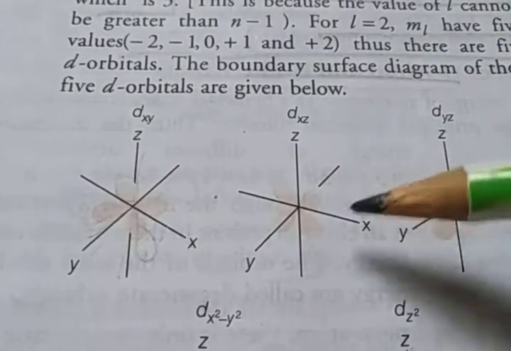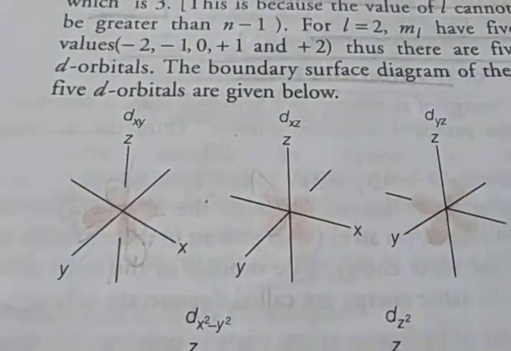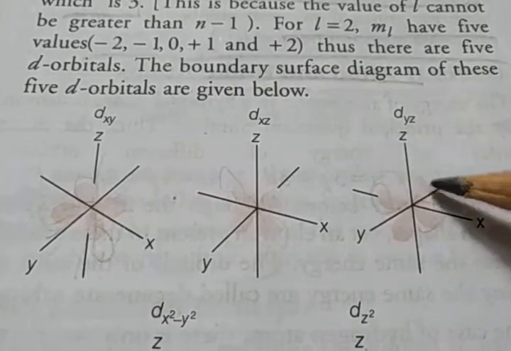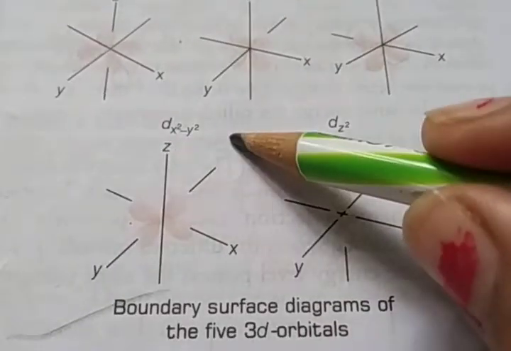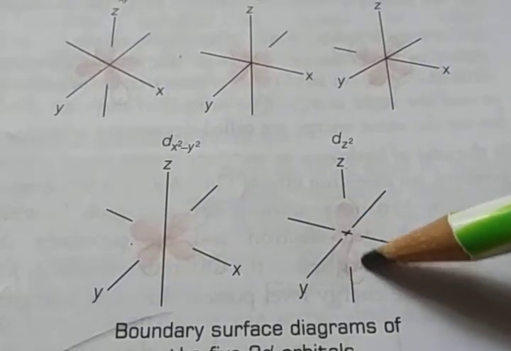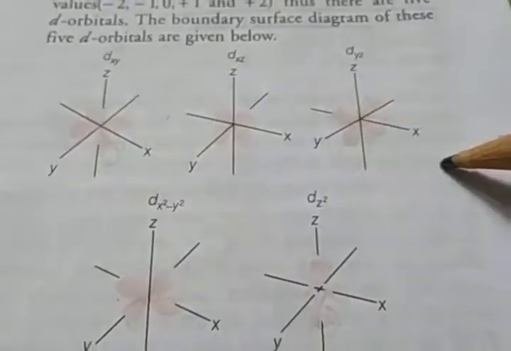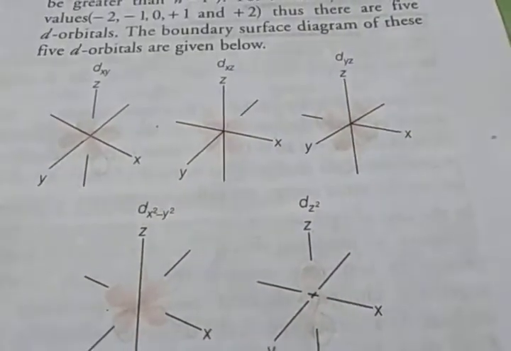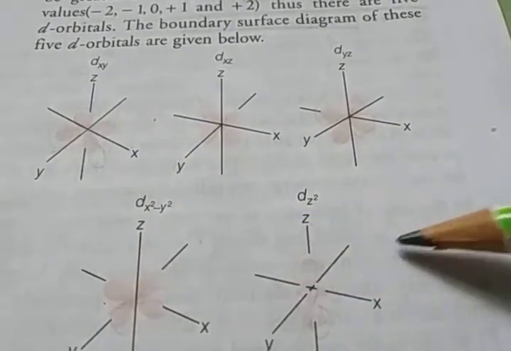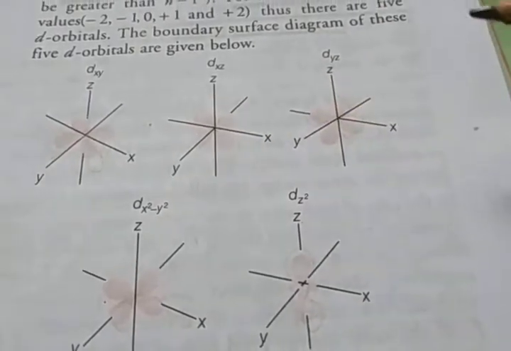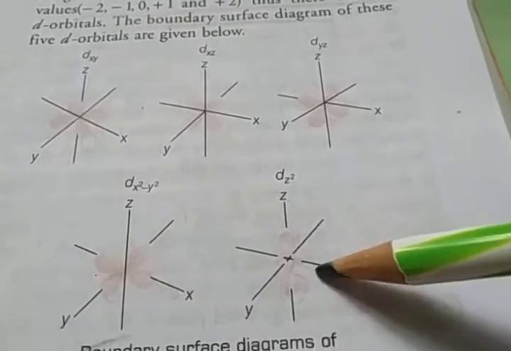Then dxz, x way and z way, and dyz, y and z. Then dx square minus y square, and dz square, along the z axis. So the five d orbitals are designated as dxy, dyz, dxz, dx square minus y square and dz square, and are of equal energy. The first four d orbitals have similar shapes, but the fifth one, dz square, is different.